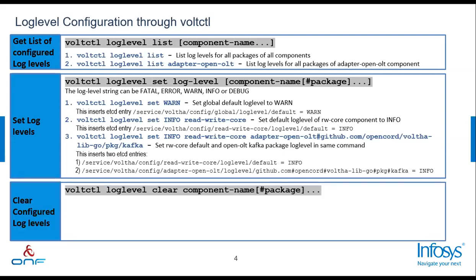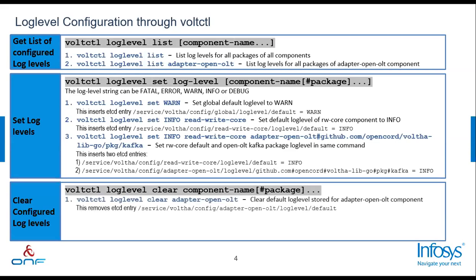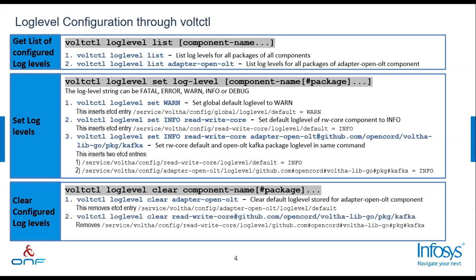Okay, that is for setting. And then the same way you can do a clear. In the clear, that particular key in etcd is removed. So you can clear the default log level for adapter OpenOLT in this way, and then you can clear a specific one for a specific package as well in this way. One thing we have prohibited is removing the global default log level.